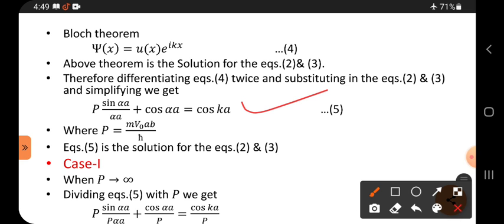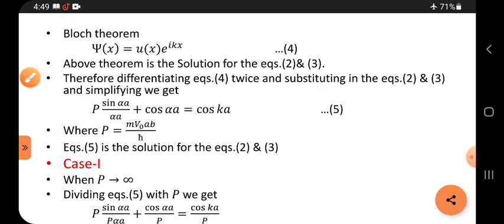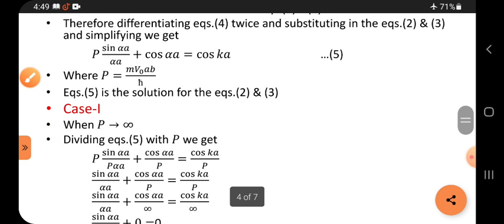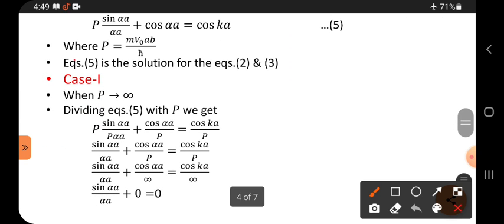You must keep that fifth equation in mind: P sin αa / αa + cos αa = cos ka, where P = m V0 a b / ħ². Equation 5 is the solution for equations 2 and 3.